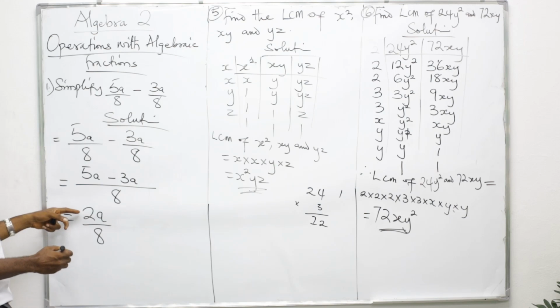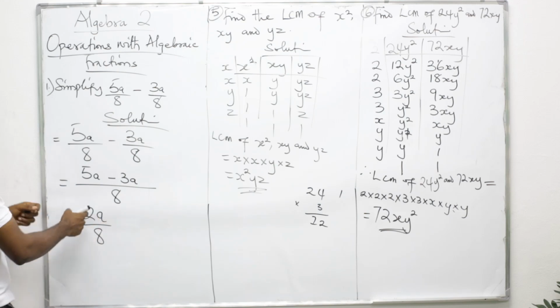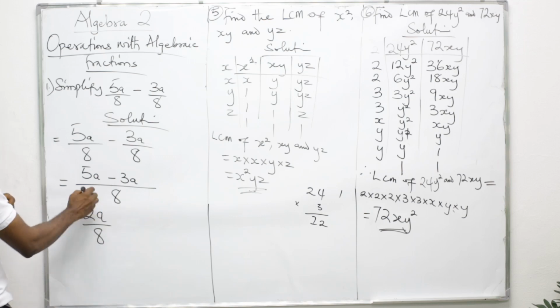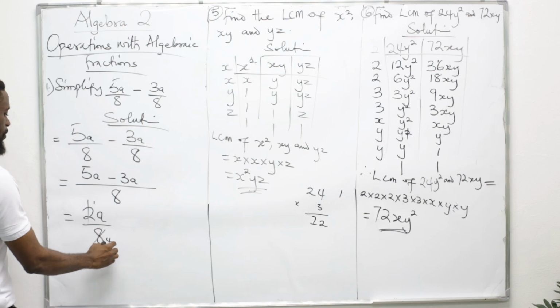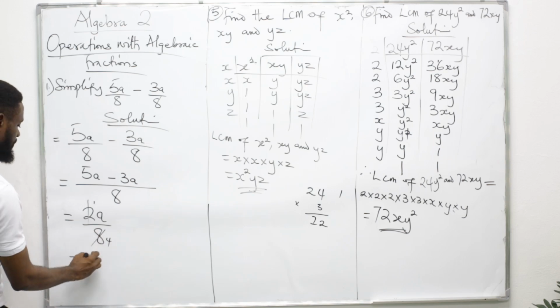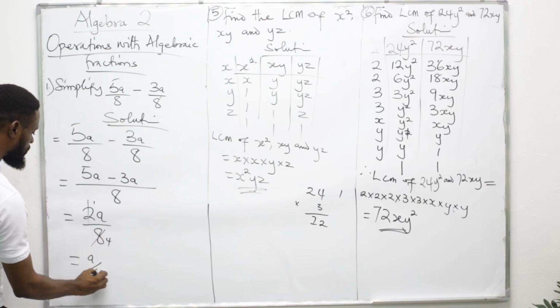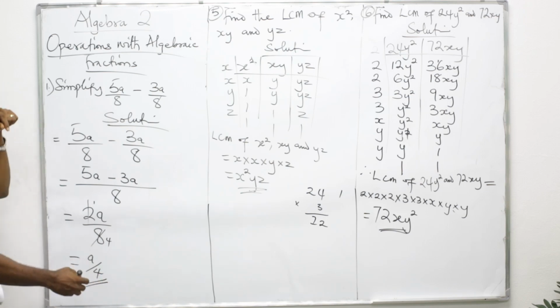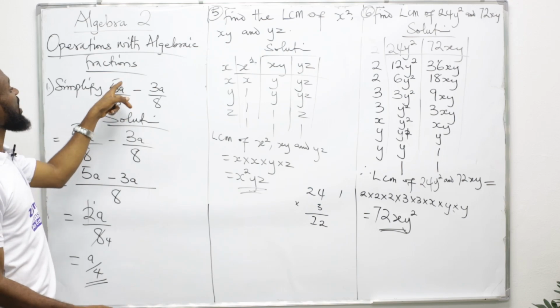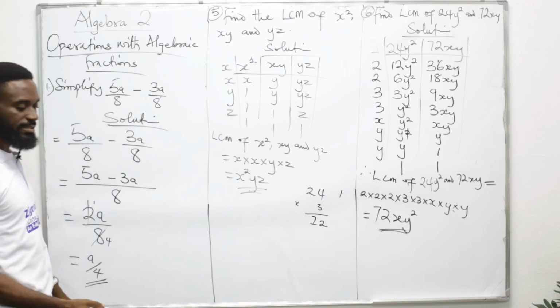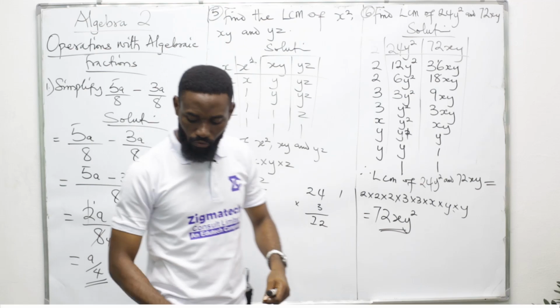All right? 2a all over 8, 2 and 8 are common. Okay, there is a common factor between them. 2 here is 1. 2 into 8 is 4. So at the end of the day, our answer is a all over 4. So that is the answer. So if they ask you to solve 5a over 8 and this, the answer is a all over 4.